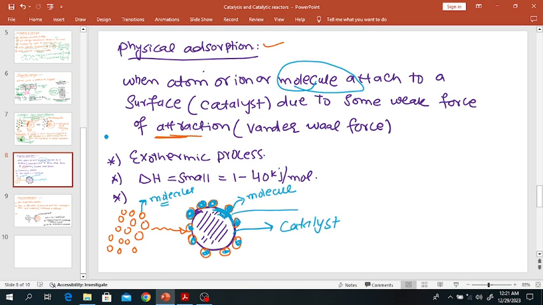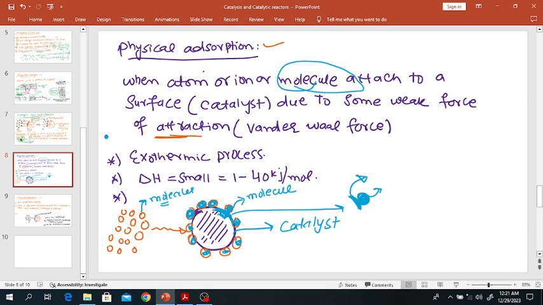Like when we zoom in, this is a solid surface and there is a molecule. So there is a weak force of attraction between this solid and this molecule, and such type of adsorption is called physical adsorption.